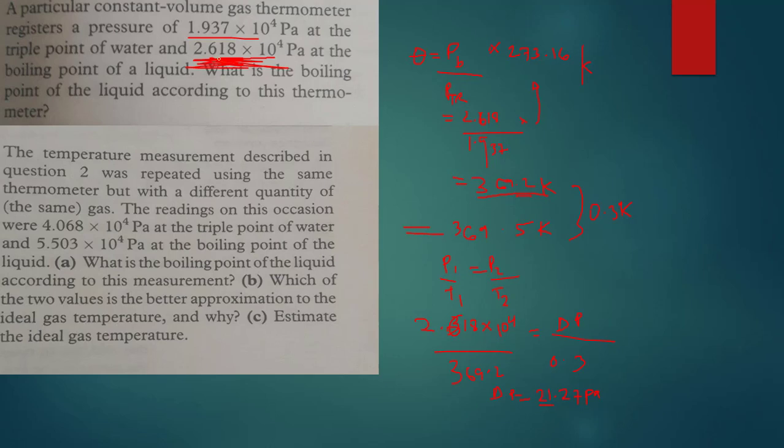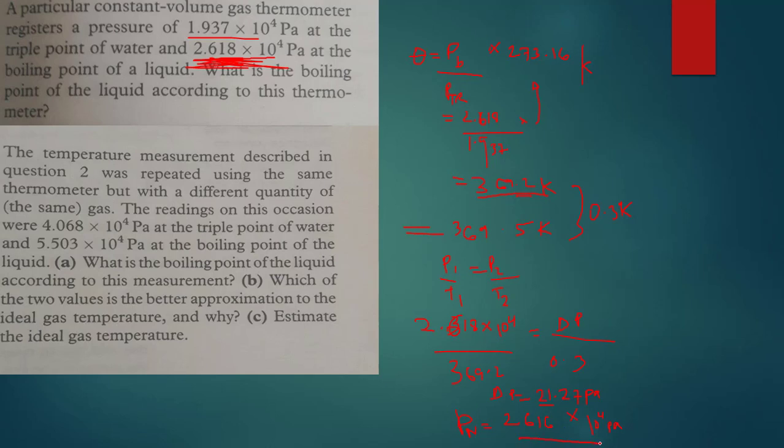So taking 2.618 times 10 power 4 minus 21.27, we get the new pressure, the pressure that gives an estimate of ideal, which is 2.616 times 10 power 4 pascals. So you can see the difference is very small, true. Remember this is not times 10 power 4, it is 21.27 as it is, with no power.